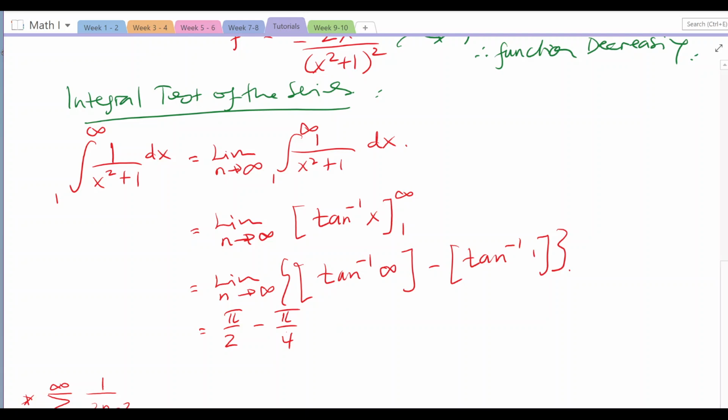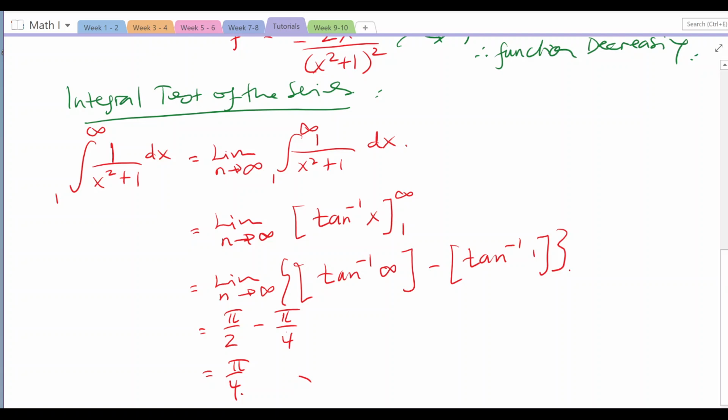So this equals pi over 4 then, which is 3.14 over 4, which is less than 1, because pi is 3.14 and 3.14 divided by 4 is less than 1.